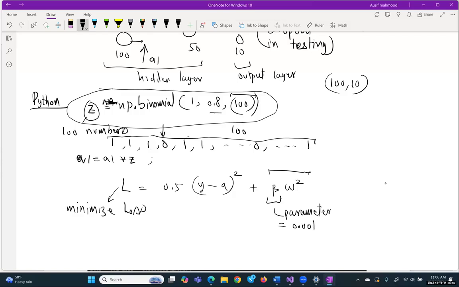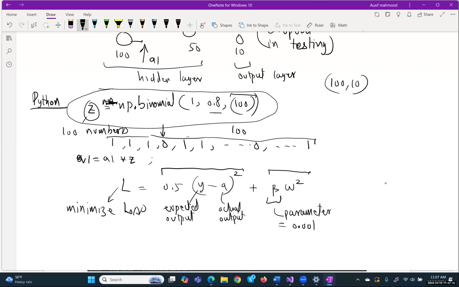Okay, so for the loss to be minimum, as you can see, the actual output has to be very close to the expected output. And this is why we are adjusting the weights.